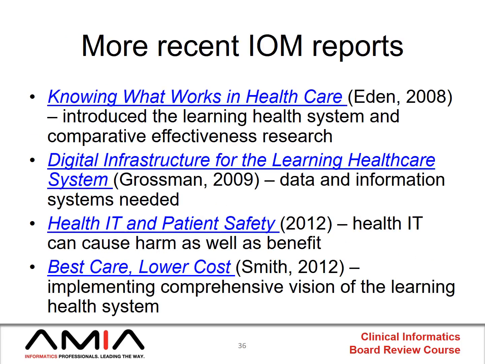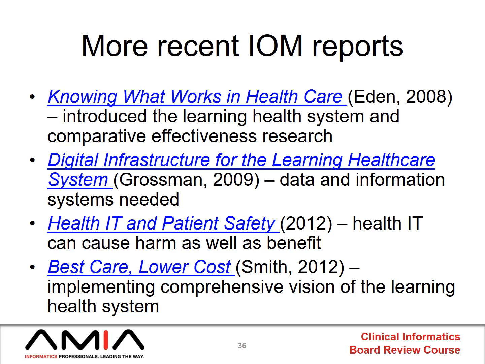The Institute of Medicine has continued over the years to publish many reports, and a number of these have significant informatics components within them. For example, the Knowing What Works in Healthcare report, introducing the concepts of the learning health system and of comparative effectiveness research.